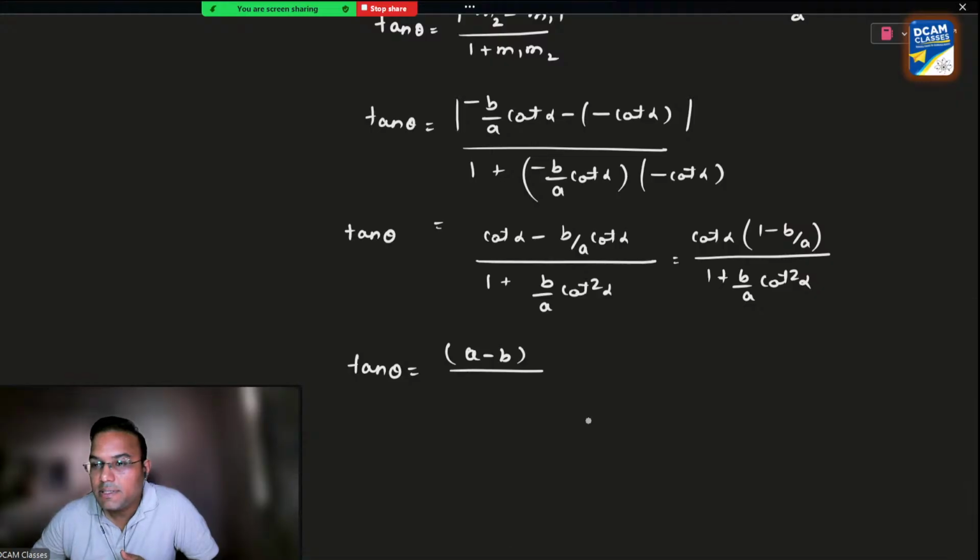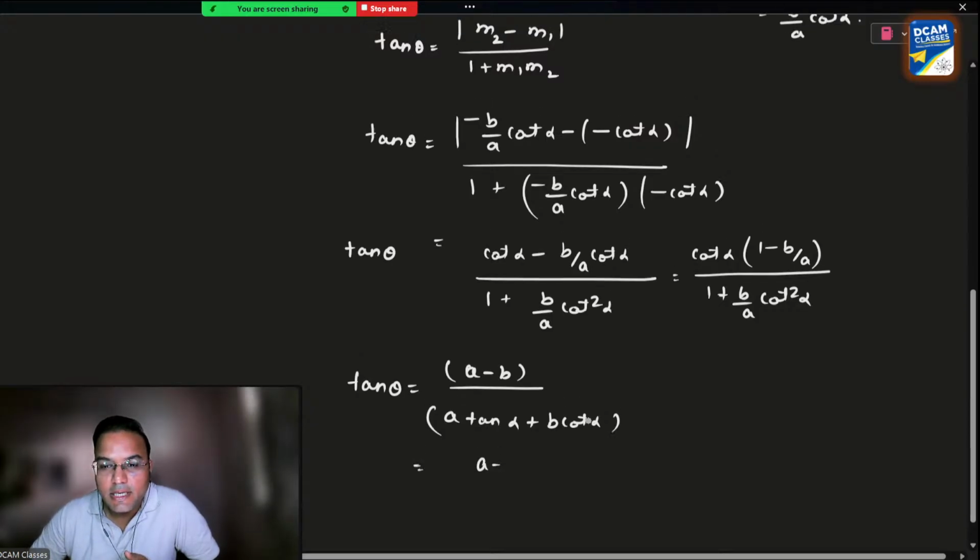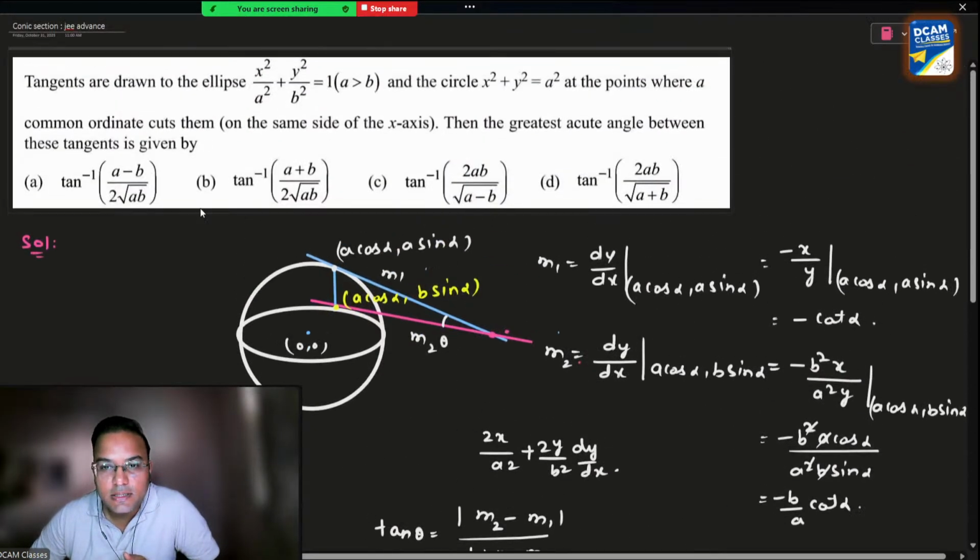Let me see. See, a minus b by a tan alpha, a tan alpha plus a will cancel. B cot alpha it has become. A minus b is there, na? Actually, from here I am able to conclude that A must be the answer.